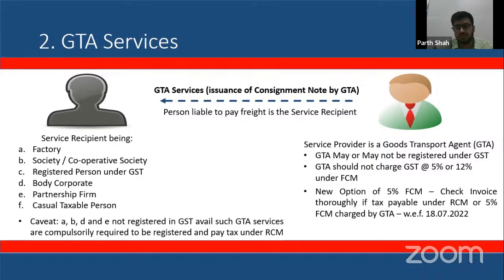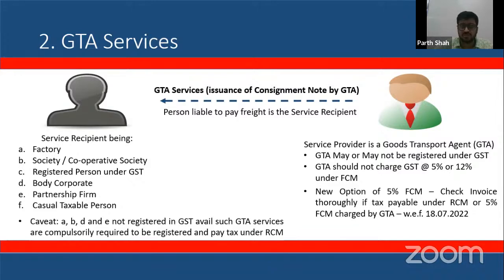So either he can do 5% forward charge without claim of ITC, or continue 12% forward charge and claim ITC, or he can ask the recipient to pay tax under reverse charge at the rate of 5%. However, this option, once exercised for a particular year, they have to continue for all their supplies of GTA for that particular year.